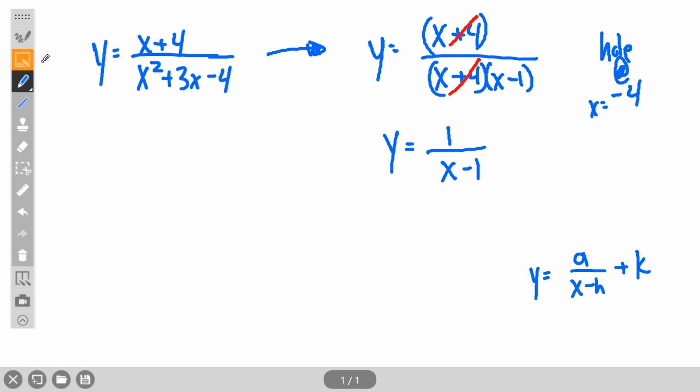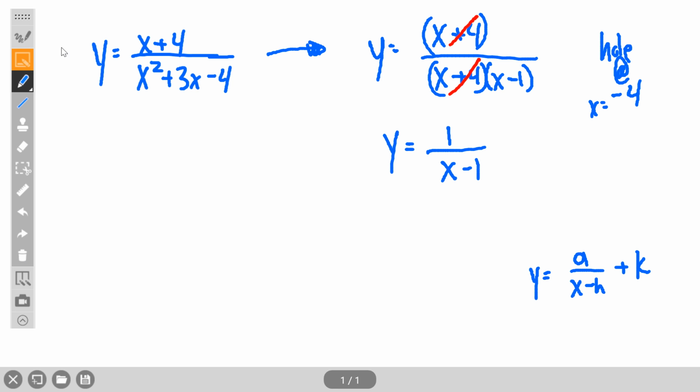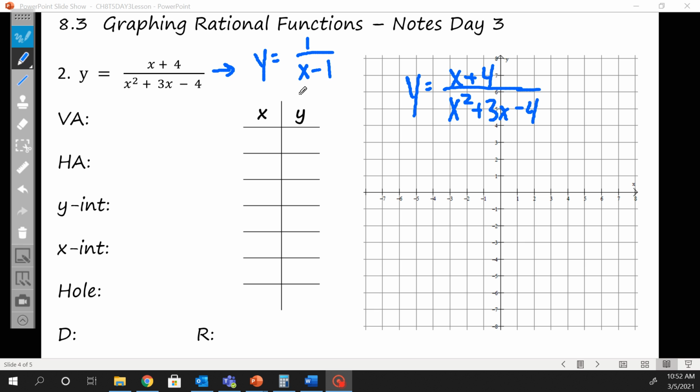So let's go back. Simplified, this is y is equal to 1 over x minus, what was it, 1? Whoops. x minus 1. It's a simplified form. Okay, so the vertical asymptote is going to be at h, whatever makes the denominator equal to 0.